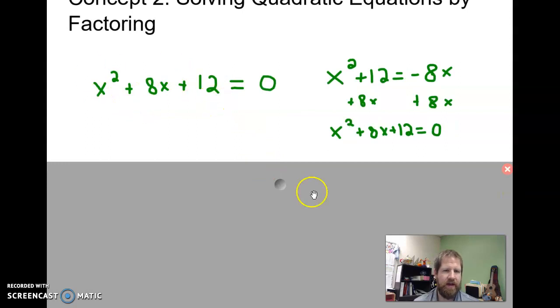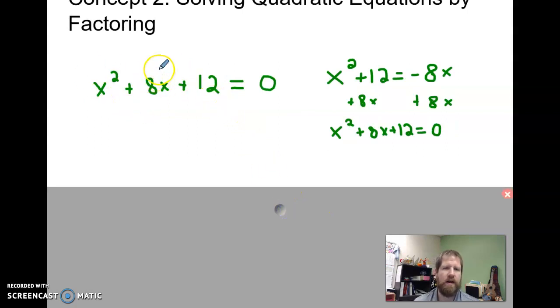So if we've got our standard form quadratic, we are going to start by factoring it. We're looking for those binomial factors. So I don't have a coefficient on x, so I'm looking for the two factors of c, factors of my third term that would add up to be my middle term.